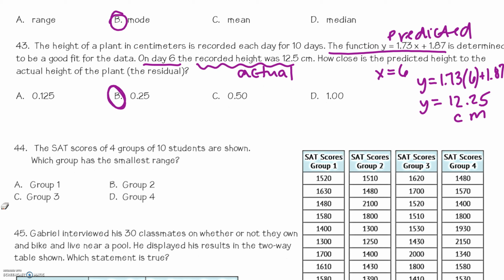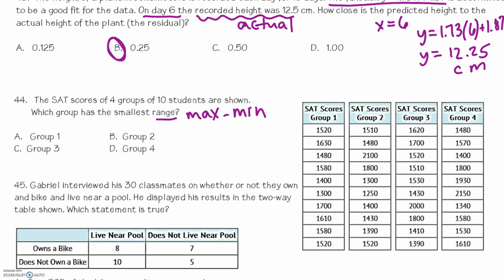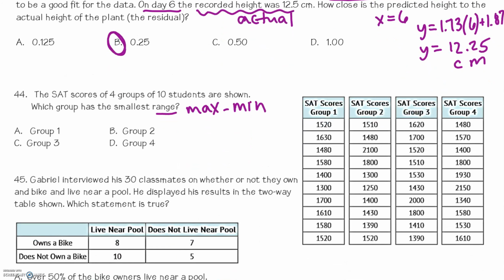Number 44, the SAT scores of 4 groups of 10 students are shown below or over to the right. Which group has the smallest range? Remember, range is max minus min, okay? So really what you just need to do is figure out the maximum and the minimum for each group, okay? So in group 1, we start looking. You look for the maximum.